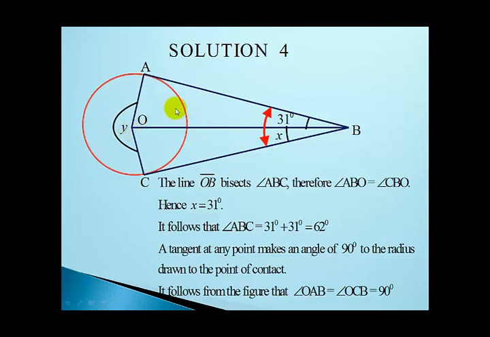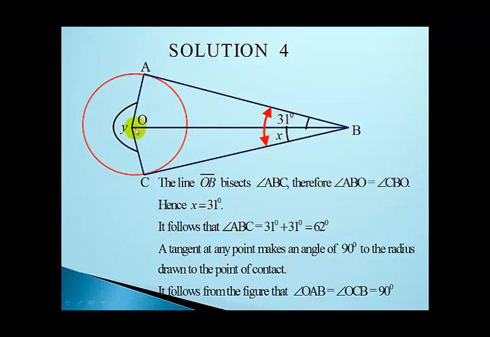We are told that AB and BC are tangents drawn from B to the circle with center O. The line OB bisects angle ABC, and therefore angle ABO, which is 31 degrees, equals angle CBO, which is x. That means the value of x is also equal to 31 degrees.